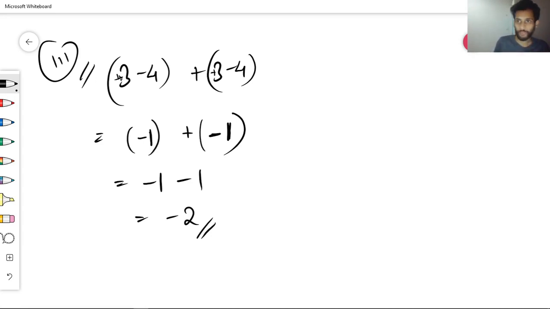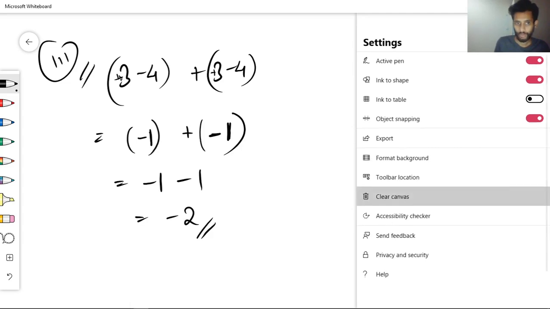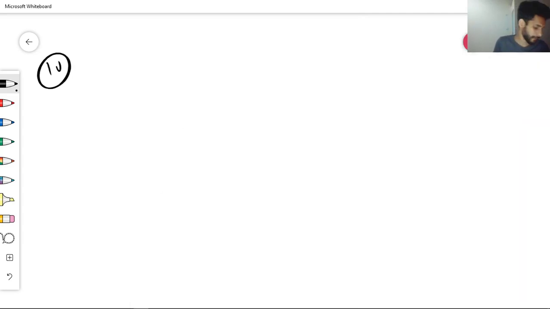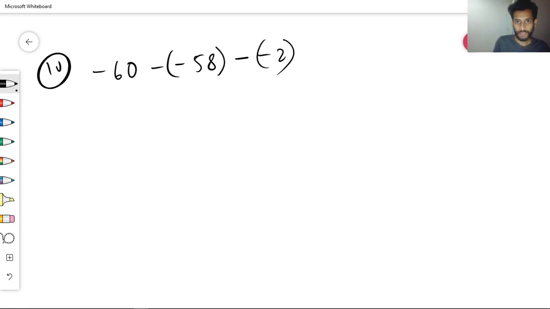Now question number 4. Question number 4 is minus 60 minus 58 and minus 2. See here, this part is not very clear to me, so if there is something else, just put that value.